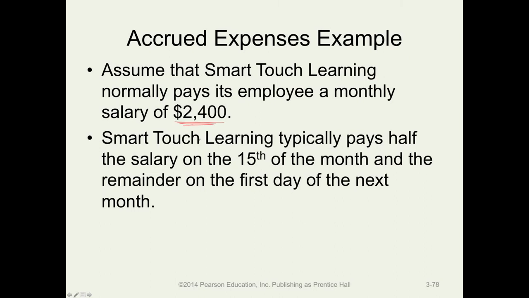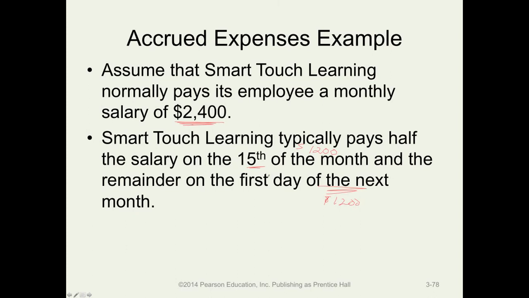So essentially, there are going to be 2 pay periods per month and 2 paychecks of $1,200. So that $1,200 will be in the current month and $1,200 would be in the next month. And if you're preparing monthly financial statements, then that $2,400 will always have to be split.